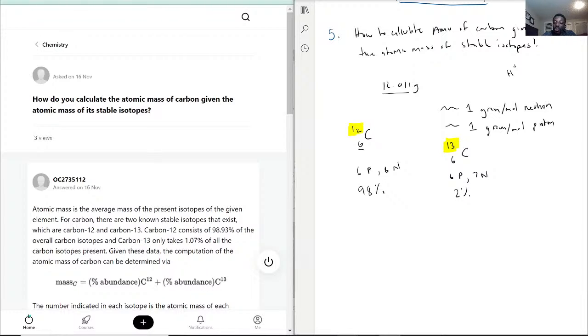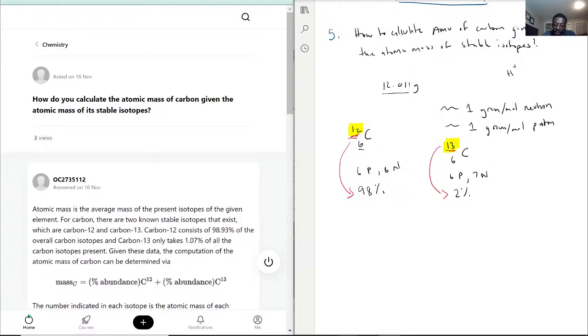So the way you calculate the atomic mass unit is by taking this mass and multiplying it by the percentage that shows up. It's saying that the 12 grams accounts for 98% of all the carbons out there, and the 13 grams accounts for the 2%. And you notice you end up with a number a little bit greater than 12.